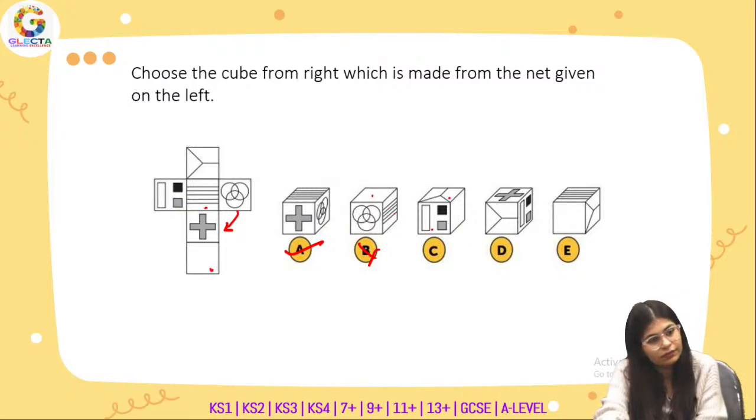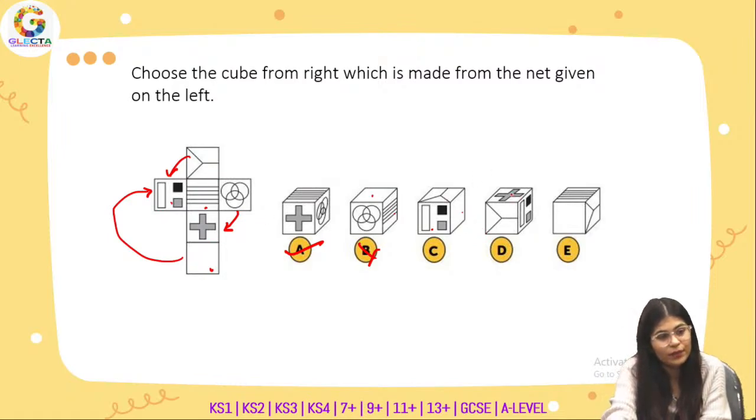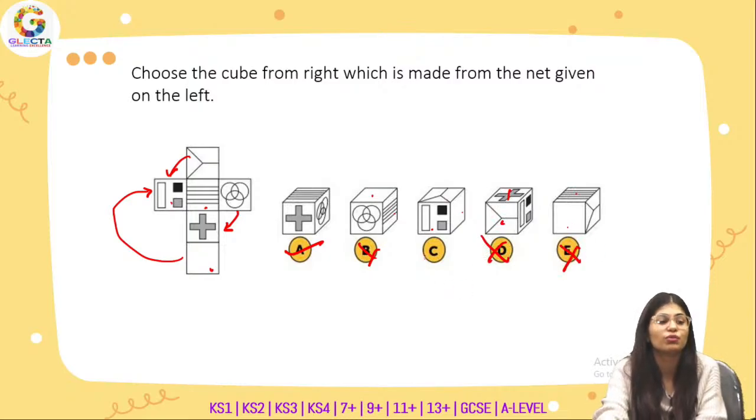This and blank, even if you try to do that, it would be very messy and this would get on the top. So no. And then this and plus are opposites, so no. And lines and blank again opposites, so no. So I'm only left with option A.